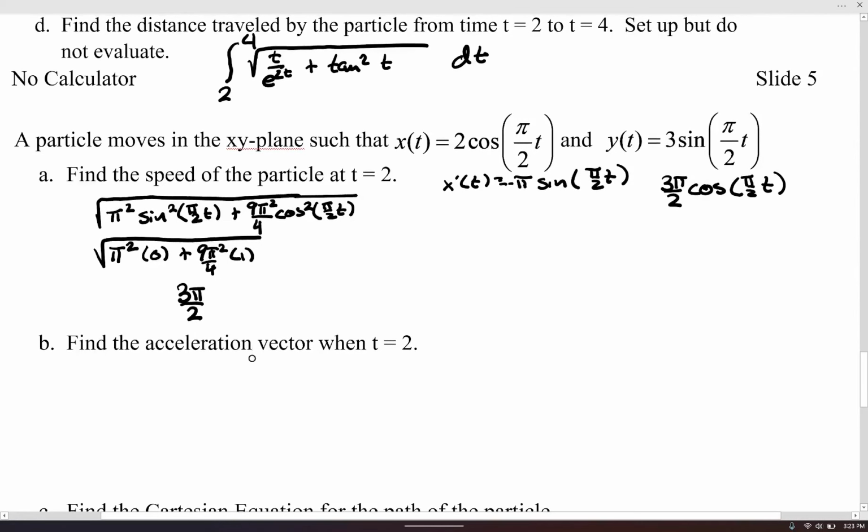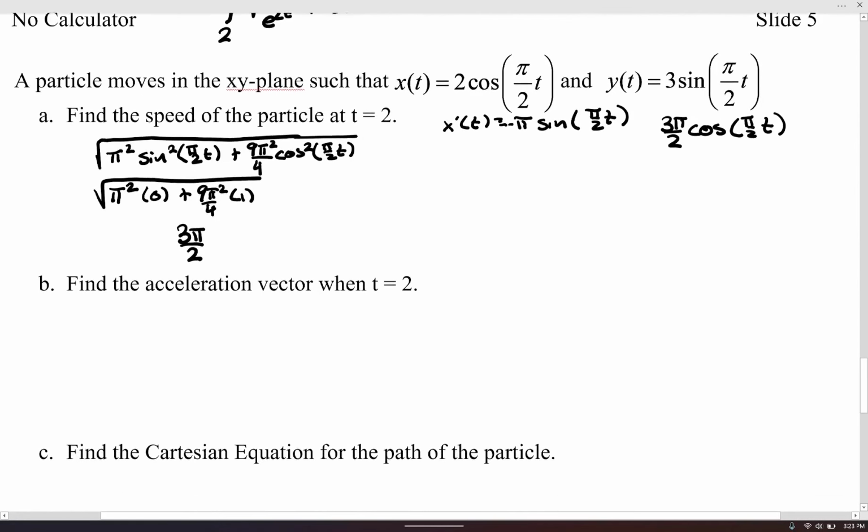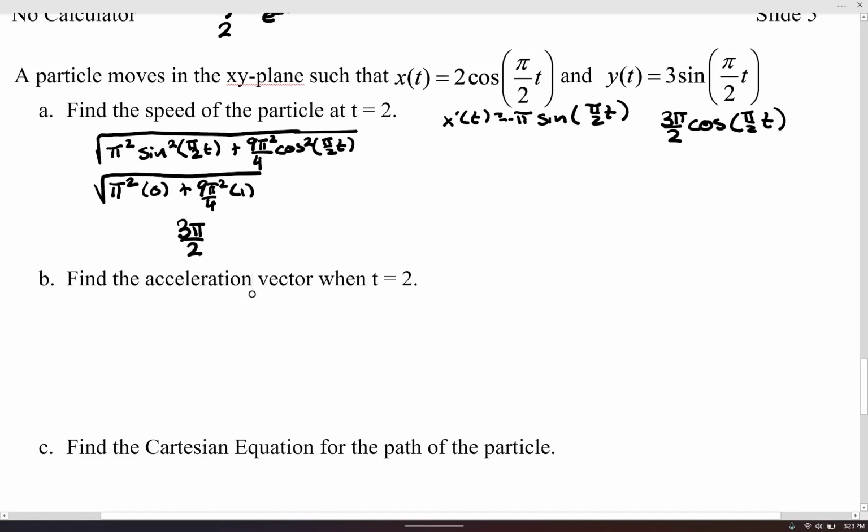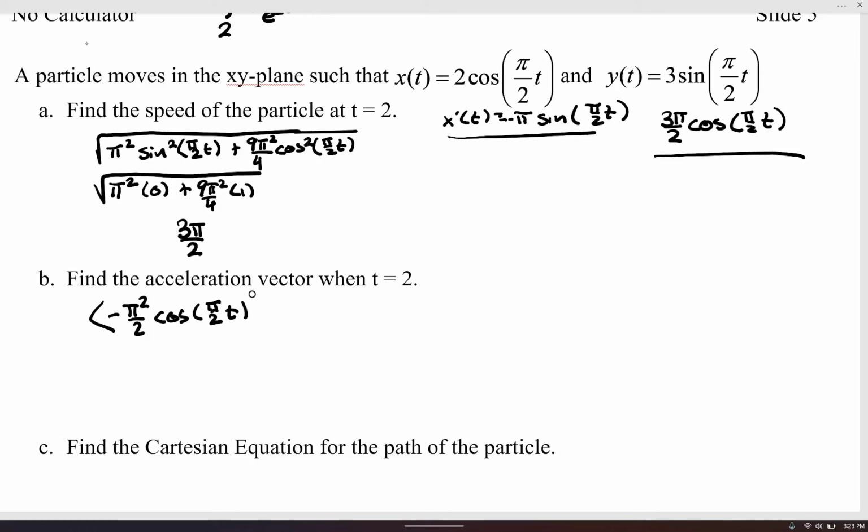Find the acceleration vector when t is equal to 2. Well, we need the derivative of those. So it's going to be negative pi squared over 2 cosine of pi over 2 t, and 3 pi squared over 4 times negative sine of pi over 2 t.